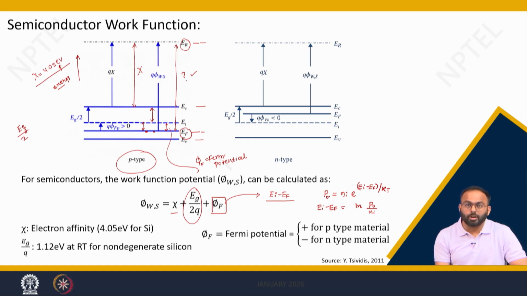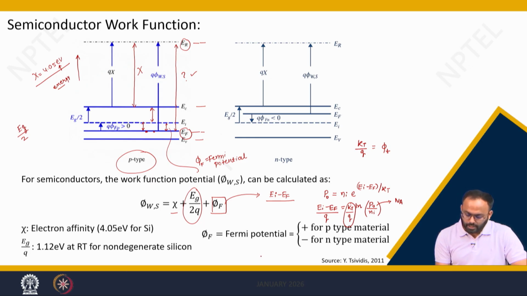Here p0 stands for hole concentration under equilibrium. If I want to represent in terms of voltage, I need to divide by q. This quantity kT by q is the thermal voltage, which we represent by phi t. So ultimately Ei minus EF can be written as kT by q log of p0 by ni, where p0 is nothing but the acceptor concentration. So this is the doping dependent parameter phi f, right.